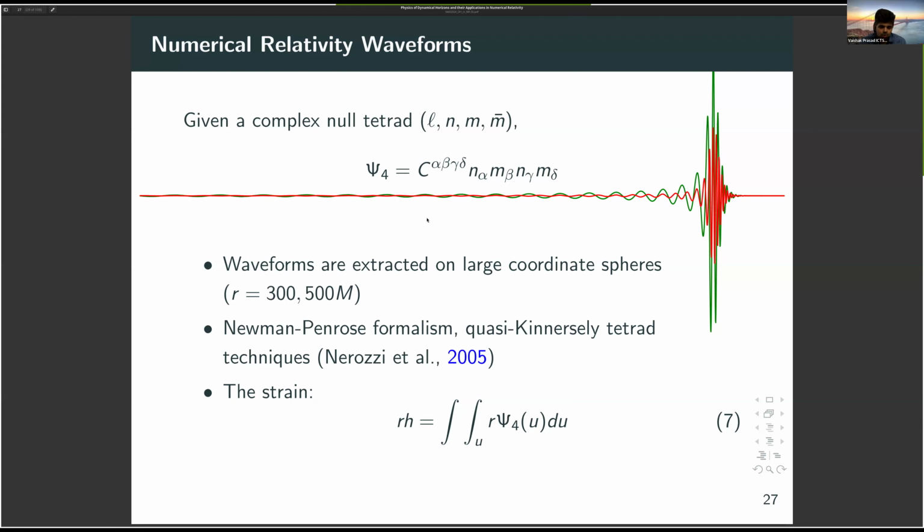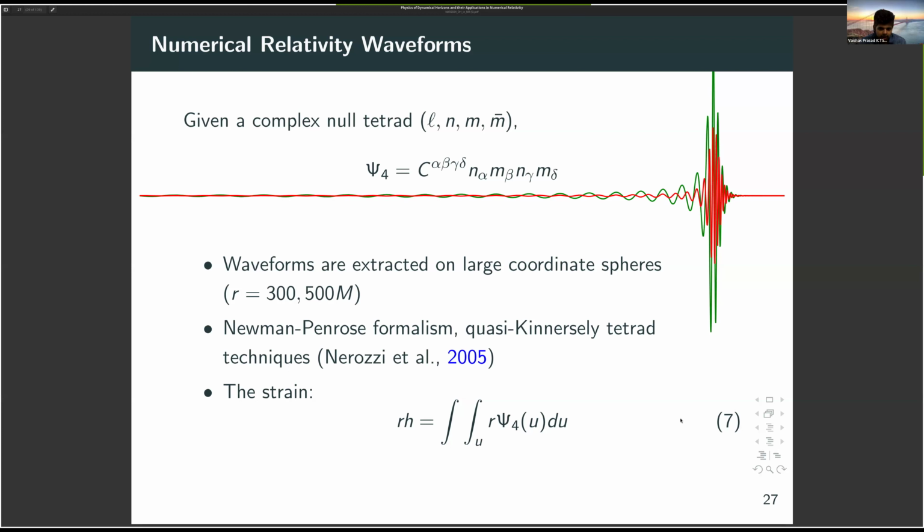It turns out that you can extract waveforms on large enough spheres, which are typically 500 times the total mass of the space-time. And that would be sufficient to compute gravitational radiation and extrapolate it by doing perturbative corrections to the waveform.